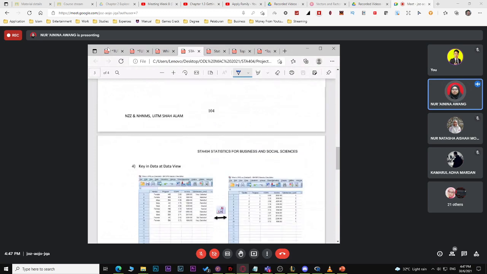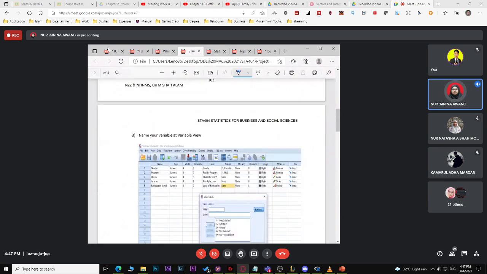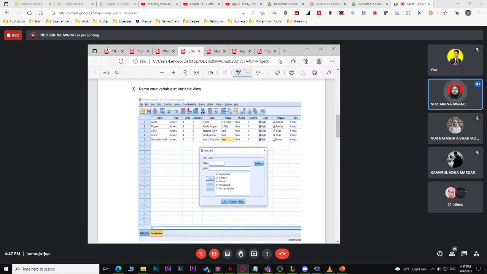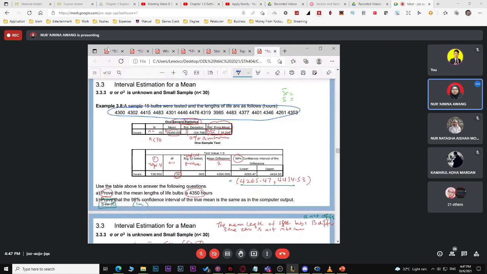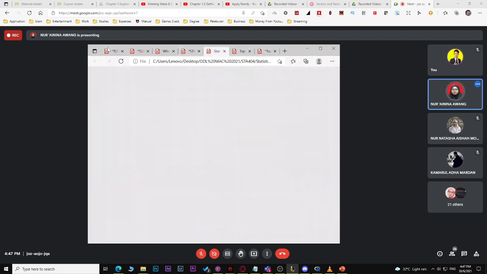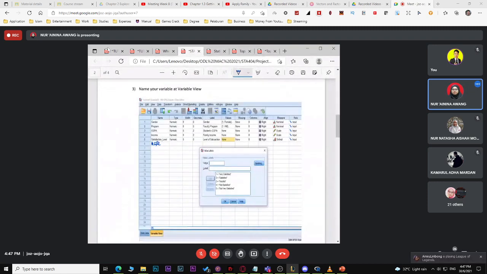Okay, mula-mula you pergi dekat you punya variable view ni. Dekat variable view ni you tulis length of life, contohnya lah. Tak kisahlah. Okay, so this is your variable.